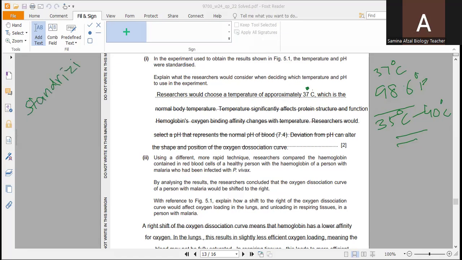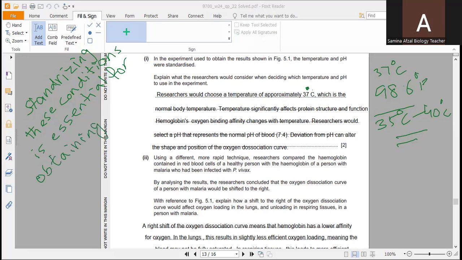Standardizing these conditions is essential for obtaining reliable, valid, and comparable results.